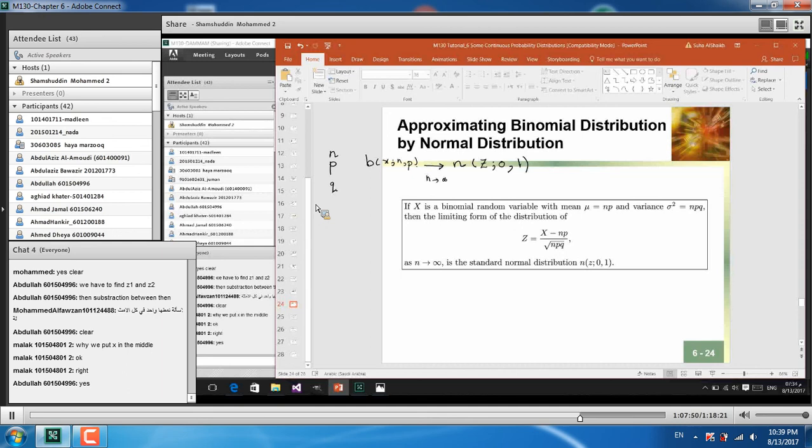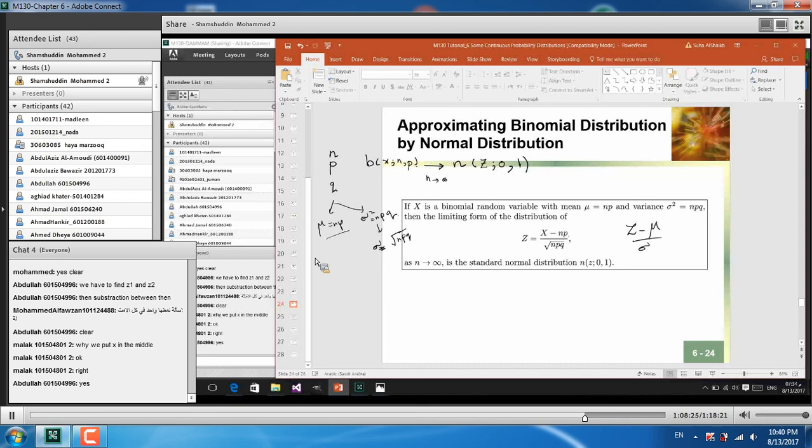Now we know that for the binomial the mu is n في p and that the sigma square is n في p في q صح ولا لا؟ منها the sigma is the square root of npq. Okay, so the z change is the x minus mu على sigma. What's mu? np. What is the sigma?